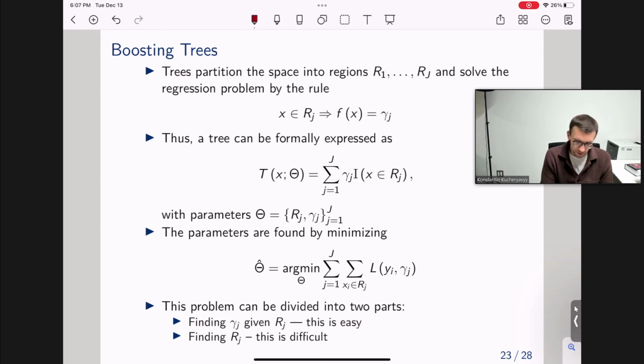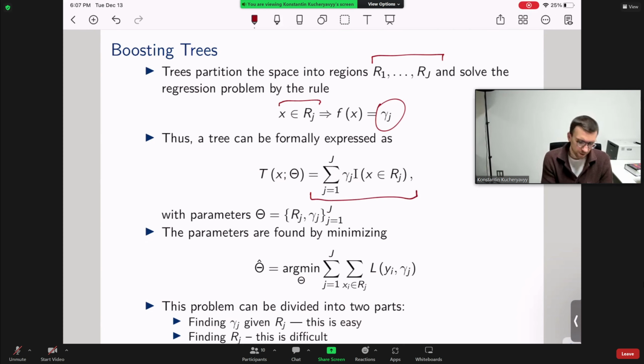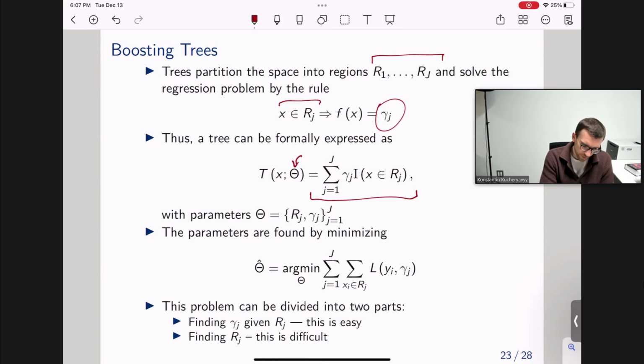Trees partition the space into regions, as we saw before, and solve the regression. So now let's talk about the regression trees. They solve the regression problem by the rule: if X belongs to a particular region, then the prediction would be gamma J for this X, where gamma is the value assigned to that region. Then we can formally express the tree as the sum of indicator functions weighted by gammas. And theta is the parameter of this tree, capturing the regions and gammas.